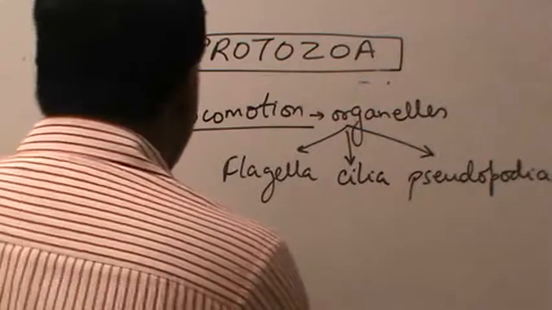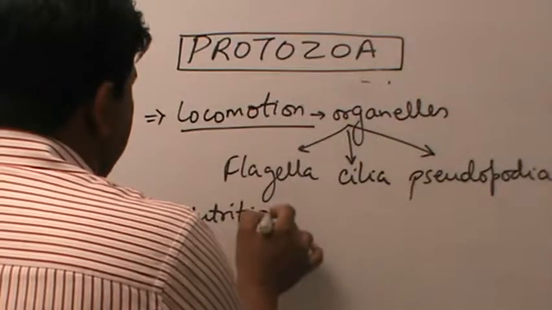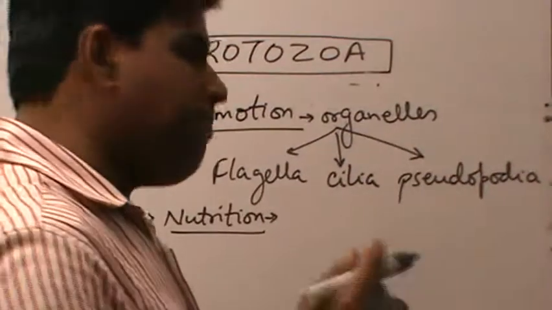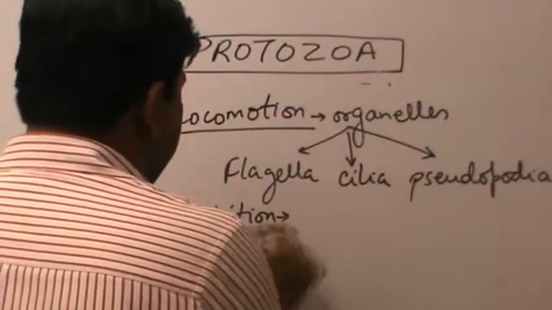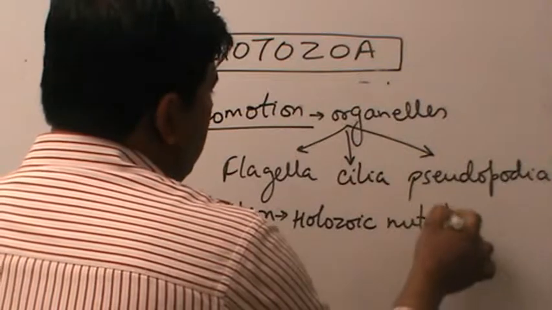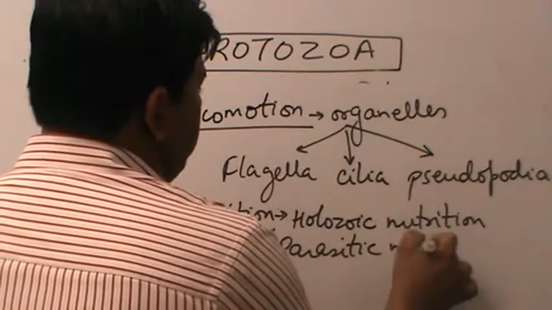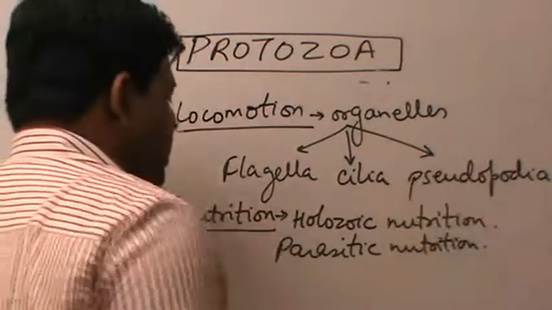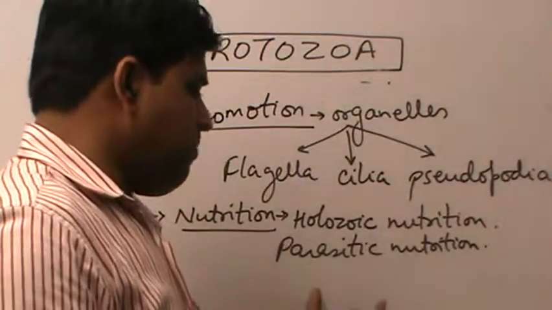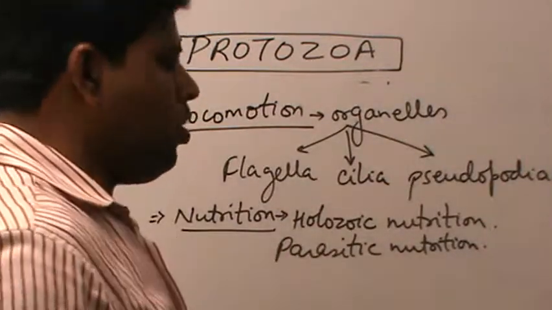Now, what about the nutrition? As we have seen, they can be free living or parasitic. So they can have holozoic nutrition or parasitic nutrition. When it is free living, not depending on a living organism, then they can engulf the whole organism.